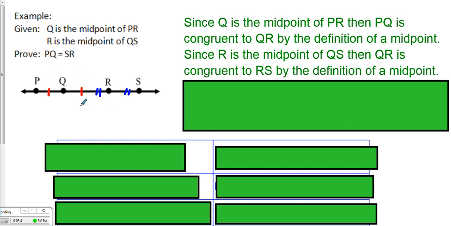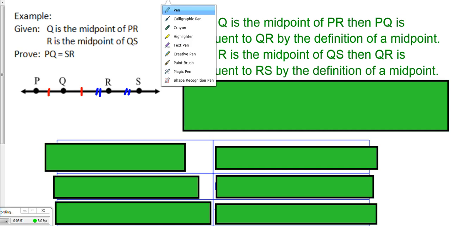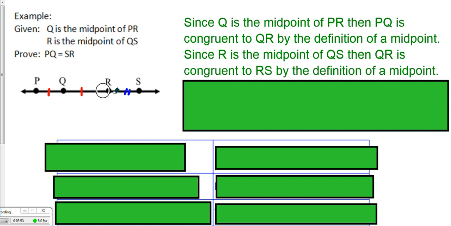Now notice, this piece has both tick marks on it, meaning we technically shouldn't put different tick marks on there. We need to, where's my eraser? We need to keep them all the same tick mark, just the one red one. This is the same as this. This is the same as this.